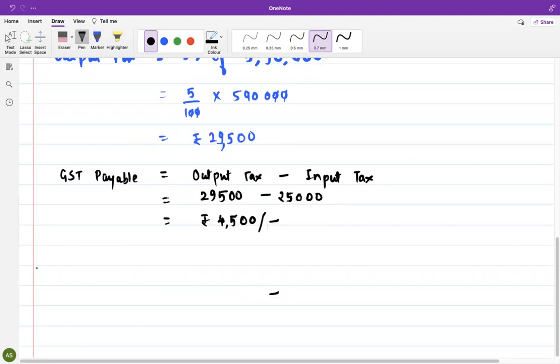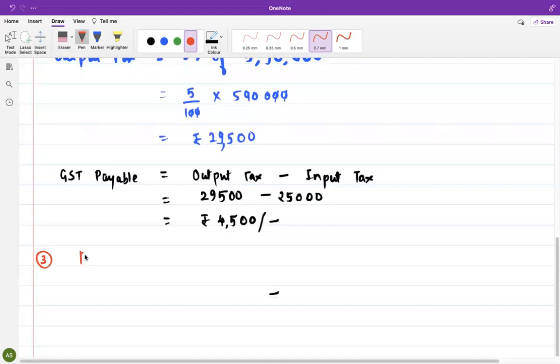So let us go to the next question, question number 3. A company dealing in mobile phones purchased mobile phones worth rupees 5 lakh.